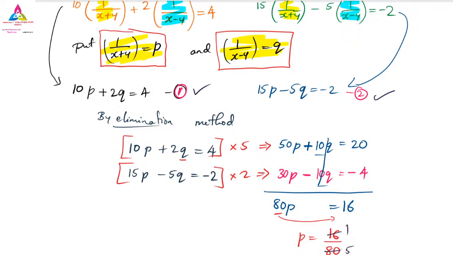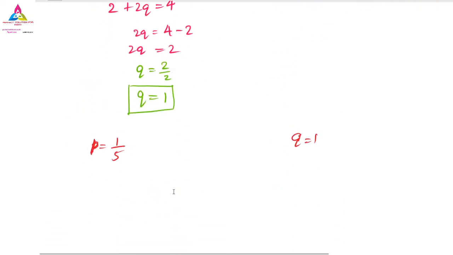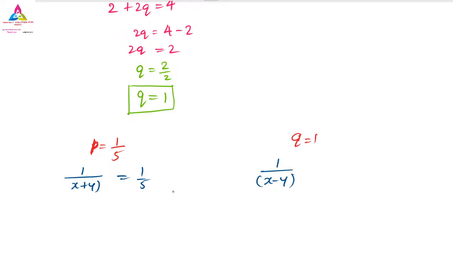So p is equal to 1 by x plus y, that is equal to 1 by 5. Similarly, the q value is 1 by x minus y, you can put brackets, that is equal to 1.